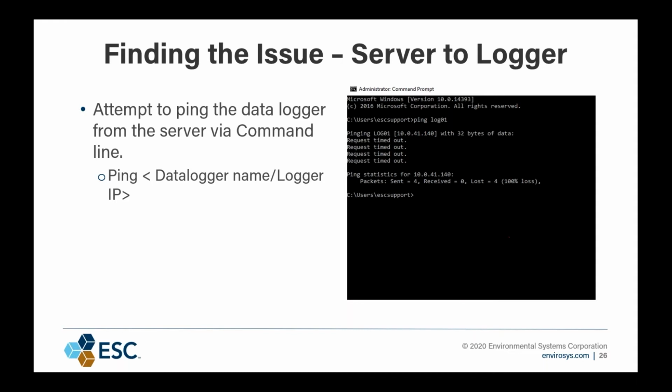In our case, on the right-hand side, we have a picture that shows a failed ping. A big way to know that you've failed your ping is the big request timed out, or at the bottom you'll see it says 100% loss. If it were to pass, you'd have a 0% loss.